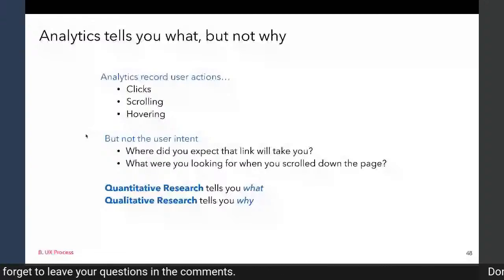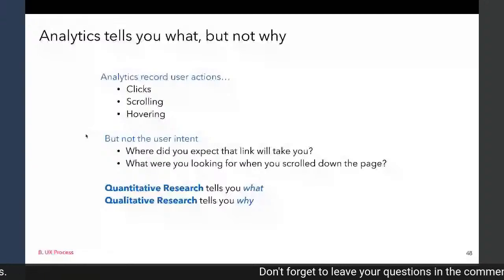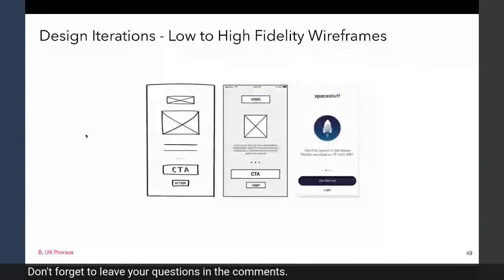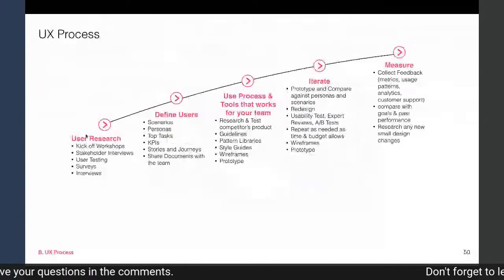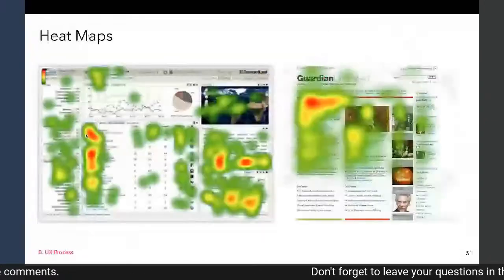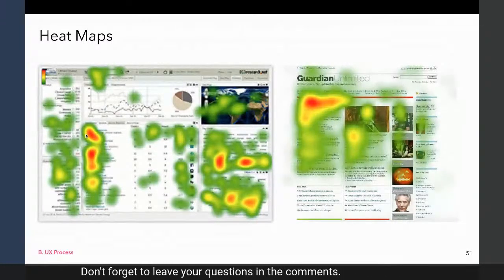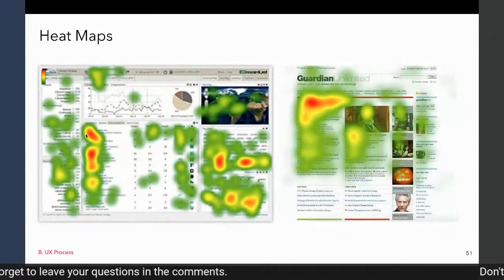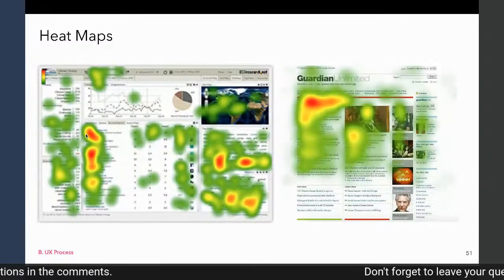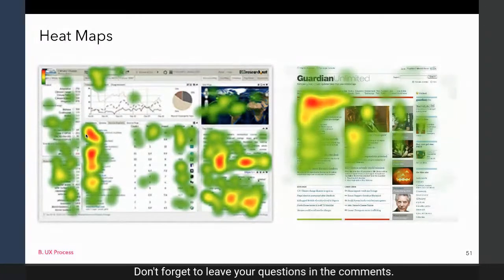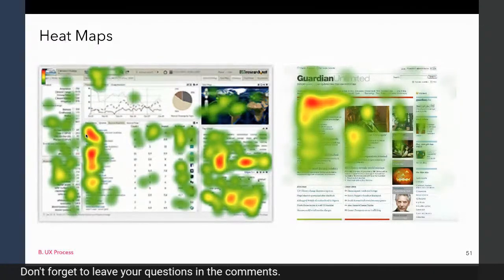Okay. Next, this is an example from wireframe to high fidelity. Okay. And then measure. So you measure, you see how people are using it. You try to set up Google Analytics or any tools that you want to use so that you can measure the experience.